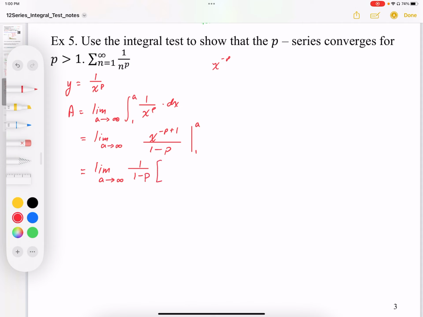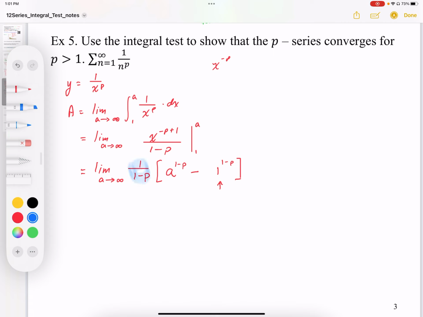Then I'm going to plug a into this expression, so I end up with a to the power 1 minus p, minus, when I plug in the 1, 1 to the power 1 minus p. So this part just becomes 1. We'll put that aside for now and look at these different parts.